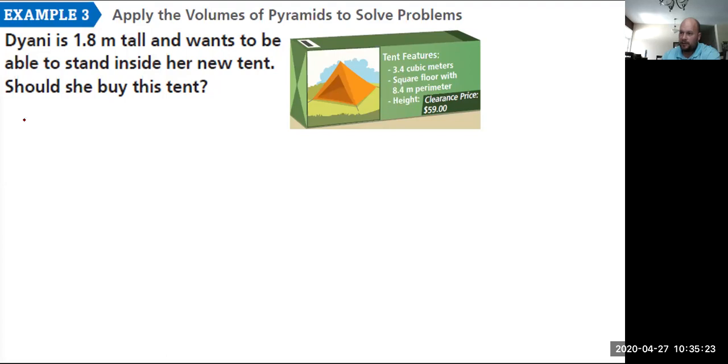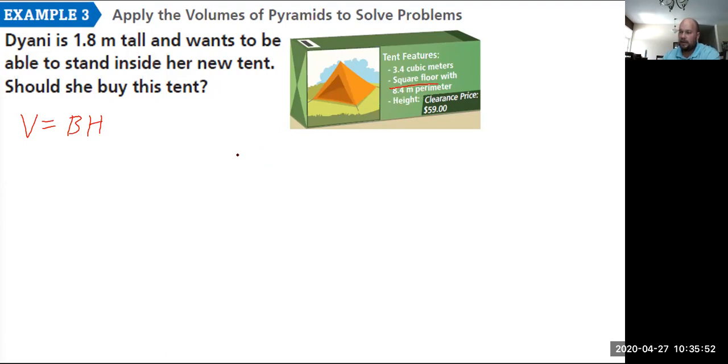So first thing, I'm going to write my formula. Volume equals base area times height. Now, we know the volume, but we don't know the base area, and we don't know the height. The height is what we're looking for. So we need to figure out the base area. They told us we have a square floor, and they told us the perimeter of the base.